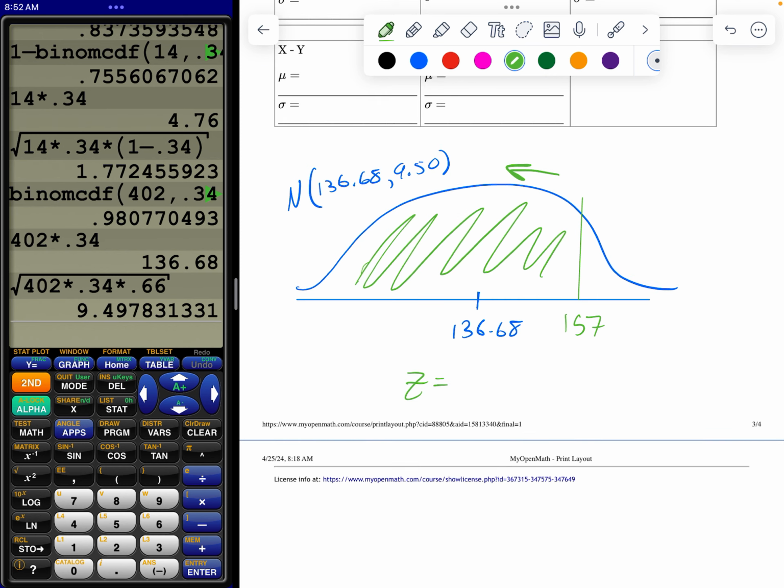Every z-score is the number minus the mean divided by the standard deviation. Way back to chapter 2, right? So what do I have for my numbers? I have 157 minus 136.68 divided by 9.5.